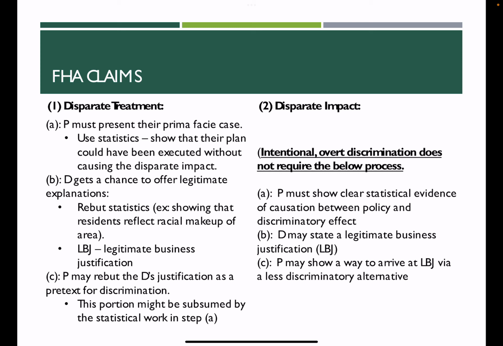All right. So whenever you have an FHA claim, there's 2 issues at play: disparate treatment or disparate impact, and there's a different route that you can take for each. Starting off with disparate treatment, the first question you ask is whether the plaintiff can make a prima facie case, and there are 2 ways of getting at this.